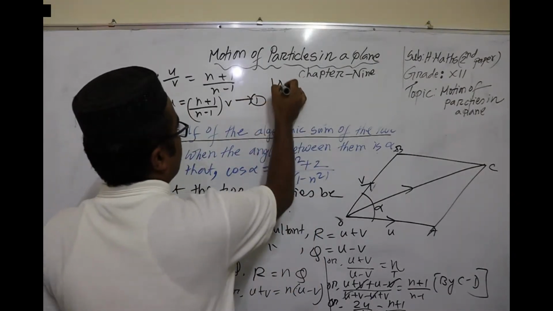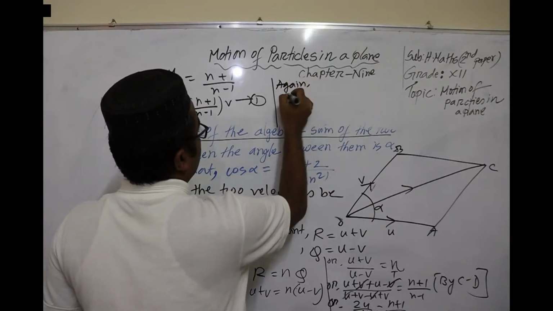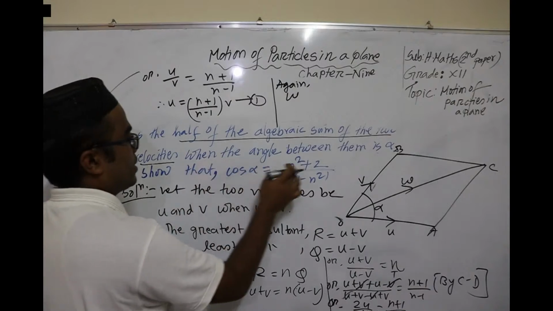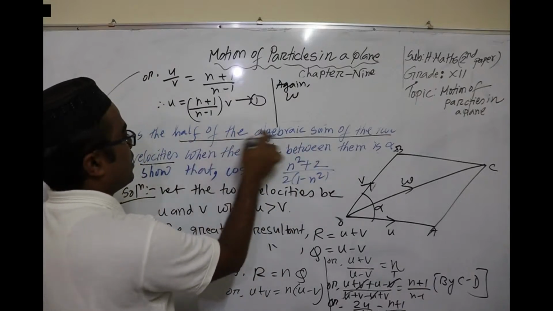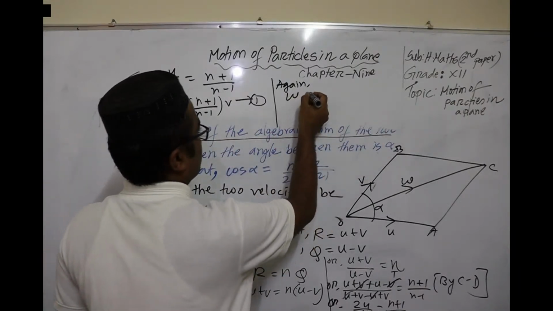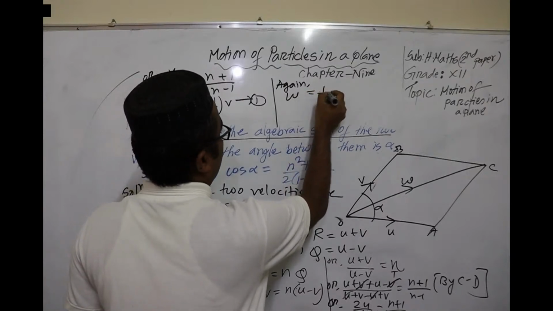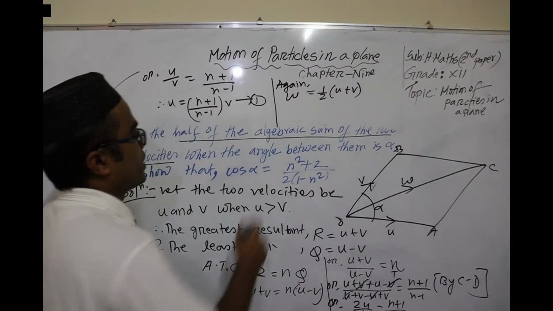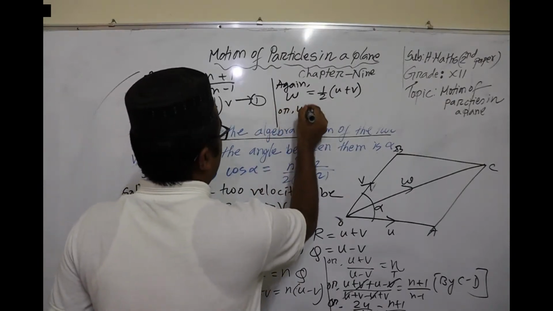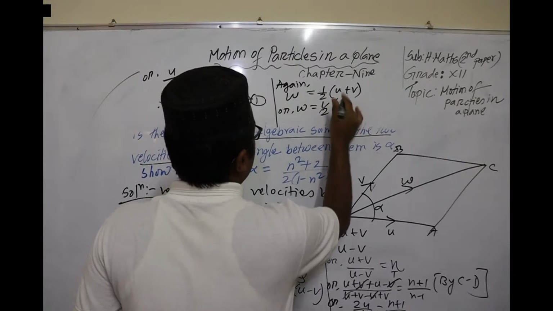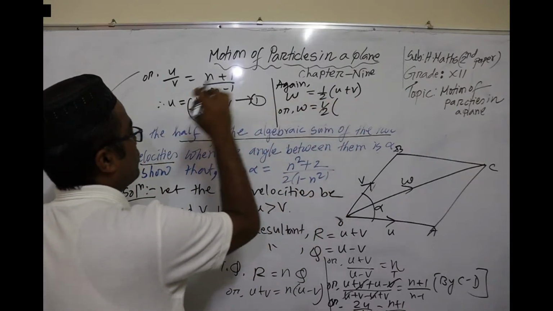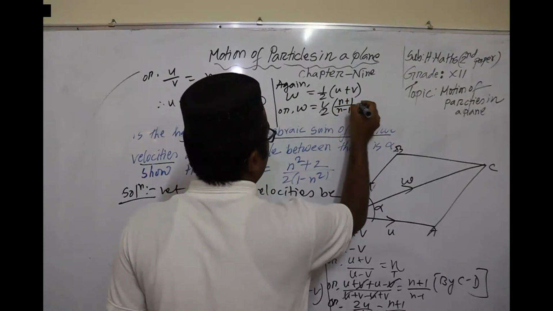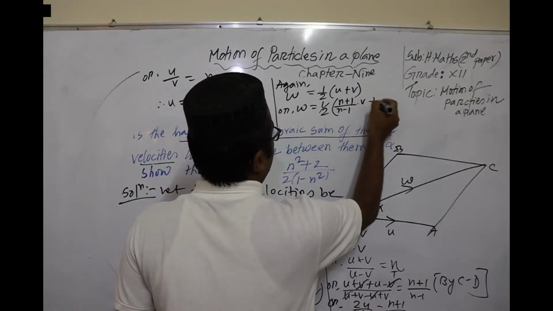Okay, again, the resultant. Again, the resultant is half of the algebraic sum of two velocities, means w equal to half of (u plus v). Now we can put the value of u, then we'll get w equal to half of ((n plus 1)/(n minus 1) multiplied by v plus v).